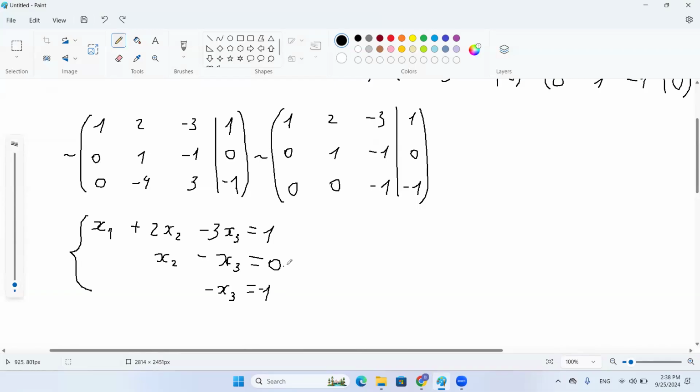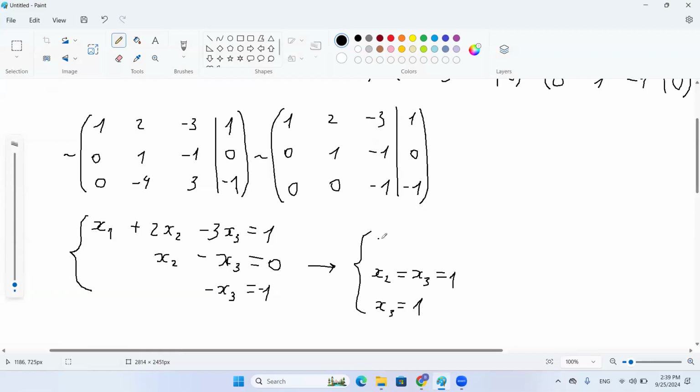And how to solve it? We just go from the bottom to the top. What do we do currently? So we already know that x3 is -1. Here, too easy. So x2 just equals x3, and it equals -1 as well.